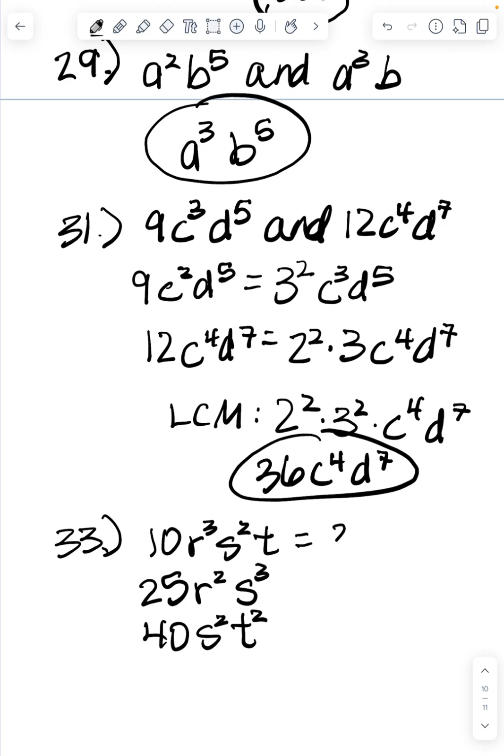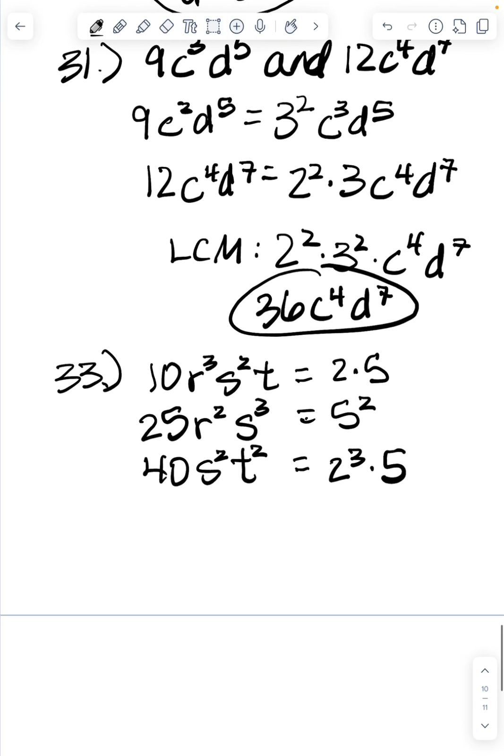So 10 is 2 times 5, 25 is 5 squared, and then 40 would be, let's see, 4 times 10, so 2 cubed times 5.